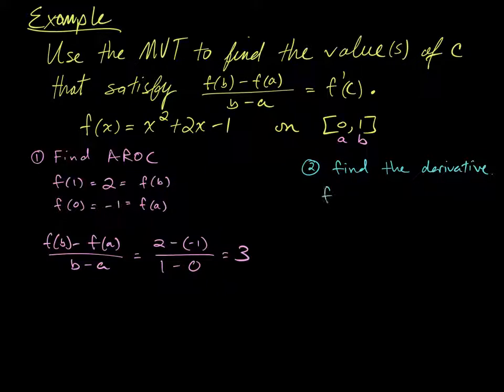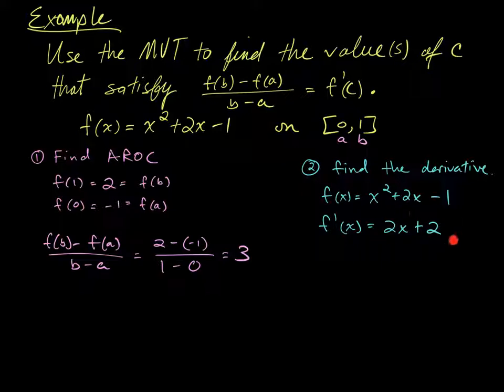So we have f of x equals x squared plus 2x minus 1. And if you use the power rule for all the terms here, you end up with f prime of x equaling 2x plus 2. So we found the average rate of change, 3.